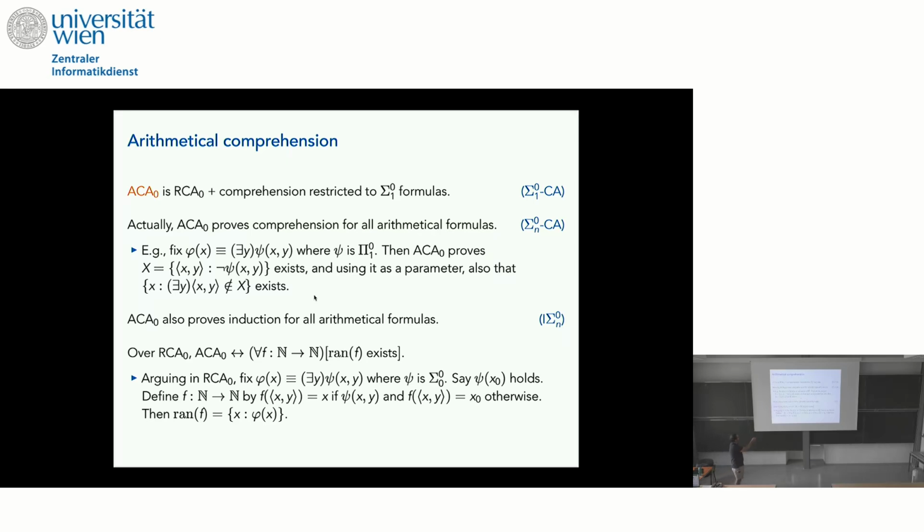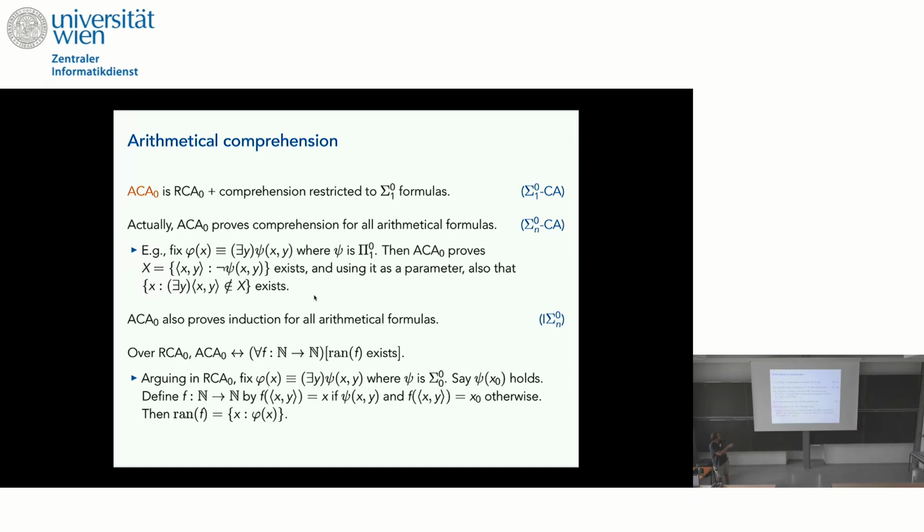So here's an example. Suppose you have a sigma 2 formula, so a formula phi of x, exists y psi, where psi is pi 1. Then what can you do? Well, you can form the set of all pairs x, y such that not psi holds of x, y. That's a sigma 1 definable set.